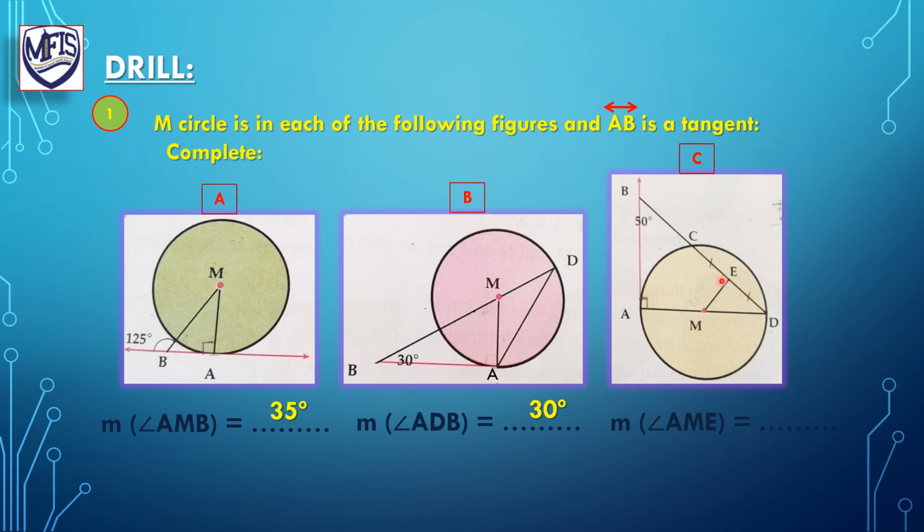Now I have quadrilateral BEMA, and I have angle B 50, angle A 90, and angle E equals 90 also. Therefore, to find measure angle EMA, I will subtract 360 minus the sum of 90, 50, and 90 degrees. Then measure angle AME equals 130 degrees.